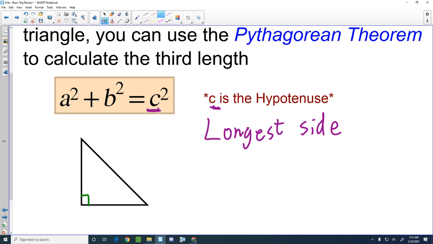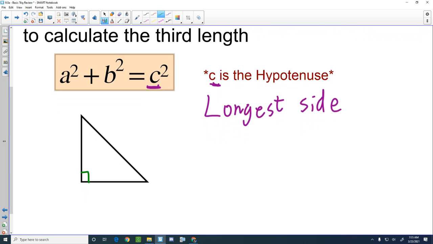That tells you that that's the right angle or the 90-degree angle. There are two sides connected to that right angle. Those two sides of the triangle are called the legs.